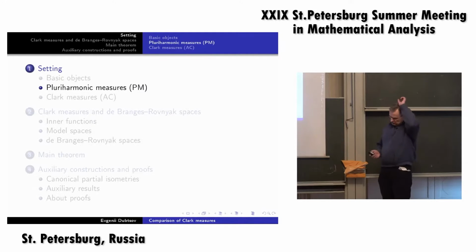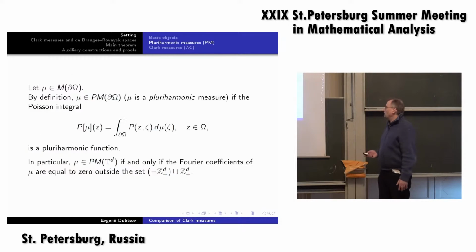So the main objects mentioned in the title are Clark measures. I need the notion of pluriharmonic measures because the measures under consideration will be of this type. If I have a measure on the boundary of Omega, I say that this measure is pluriharmonic if the corresponding Poisson integral is a pluriharmonic function.